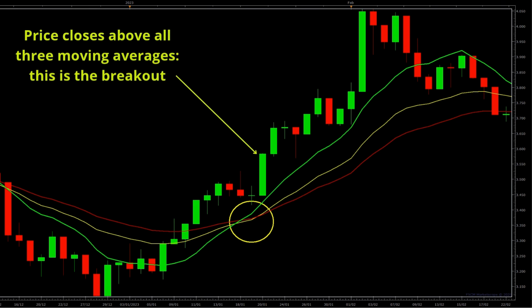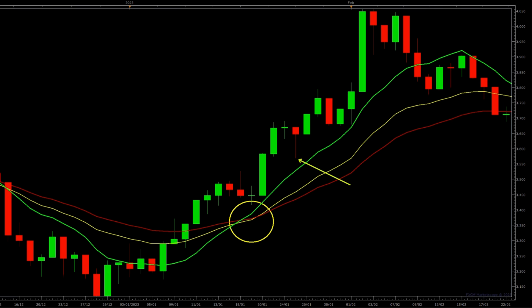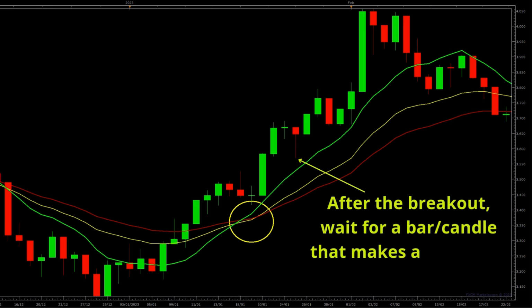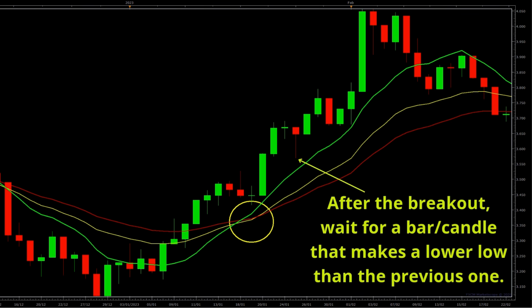This strong candle closed firmly above all three moving averages, signaling that buyers were taking control. This is what officially validated our setup. Which brings us back to our entry phase. After the breakout, we needed to wait patiently. This small red candle is the exact pullback we were looking for, as its low is lower than the previous candle's low. This is our cue to prepare for entry.